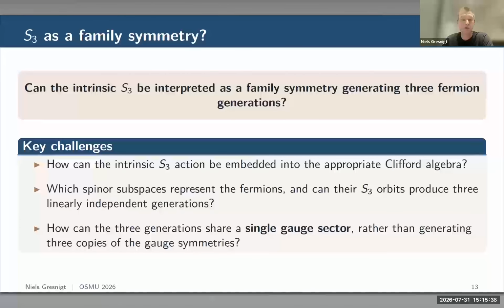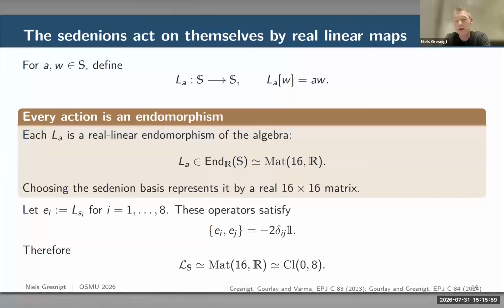So just like for the octonions, we can consider the left action of the sedenions on themselves. And so we get these left action maps. And each such map corresponds to an endomorphism. And that can be written as, in this case, a 16 by 16 real matrix. So if we take the first 8 sedenion basis elements, the imaginary ones.